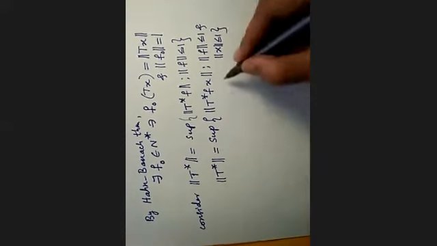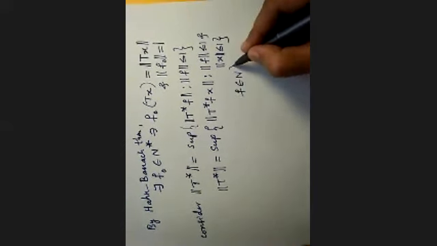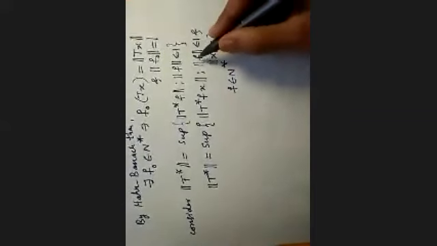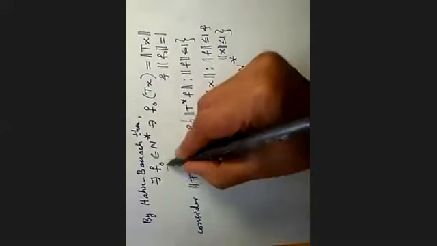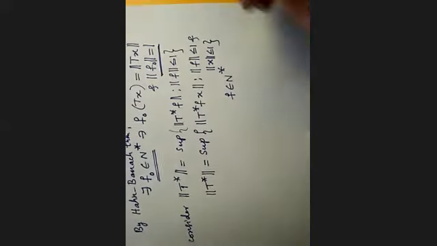And what is f? f is any functional belonging to N star. This is happening for all f belonging to N star such that norm f is less than or equal to 1. We have an f naught here belonging to N star whose norm is equal to 1.